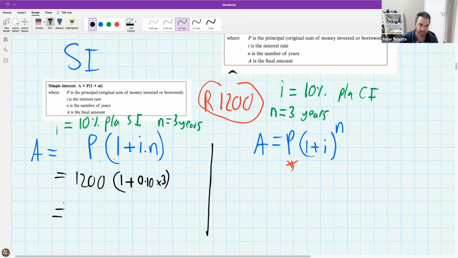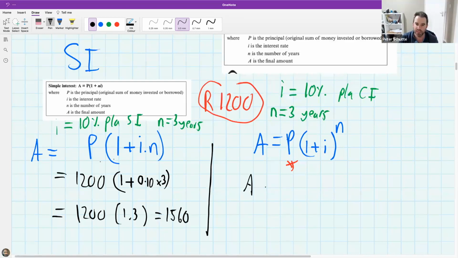And that is going to give me 1,200 times 1.3, which gives me 1560. And what you see is that with simple interest, you got 10% of the original for 3 years, and that's why it's only 30% bigger.